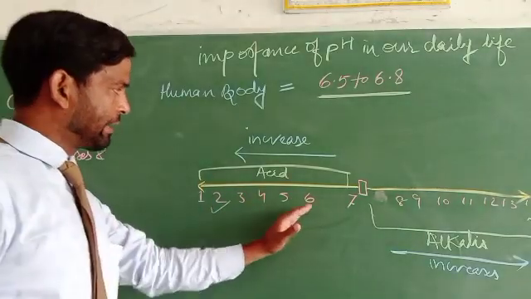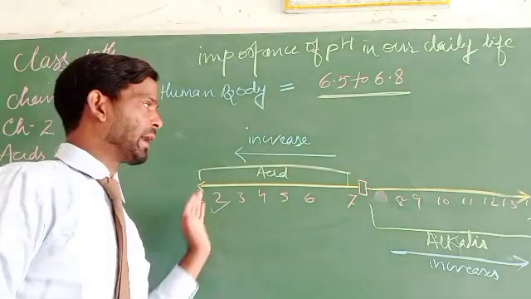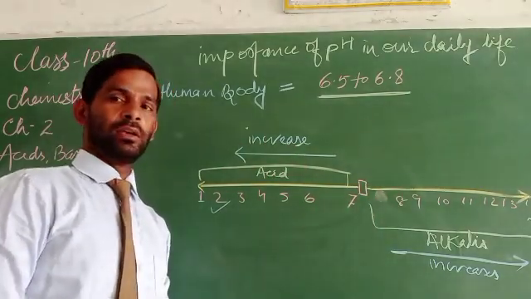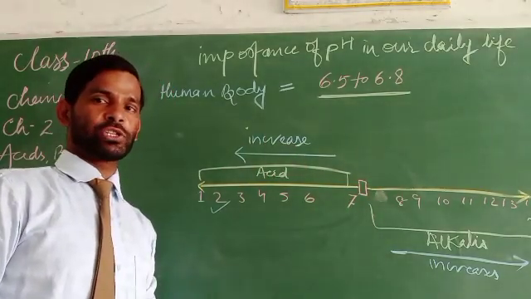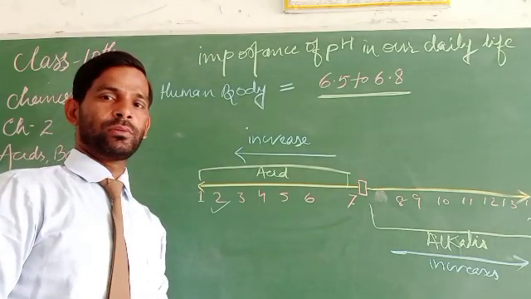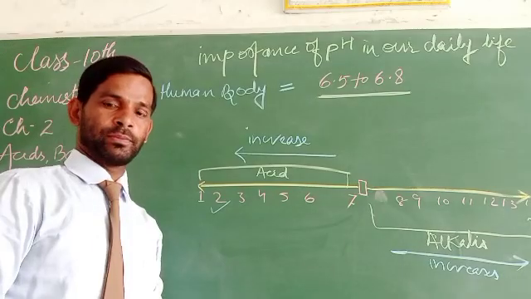So with the decrease in hydrogen ion concentration, the alkaline values increase, and with the increase in hydrogen ion concentration, the acidity increases.